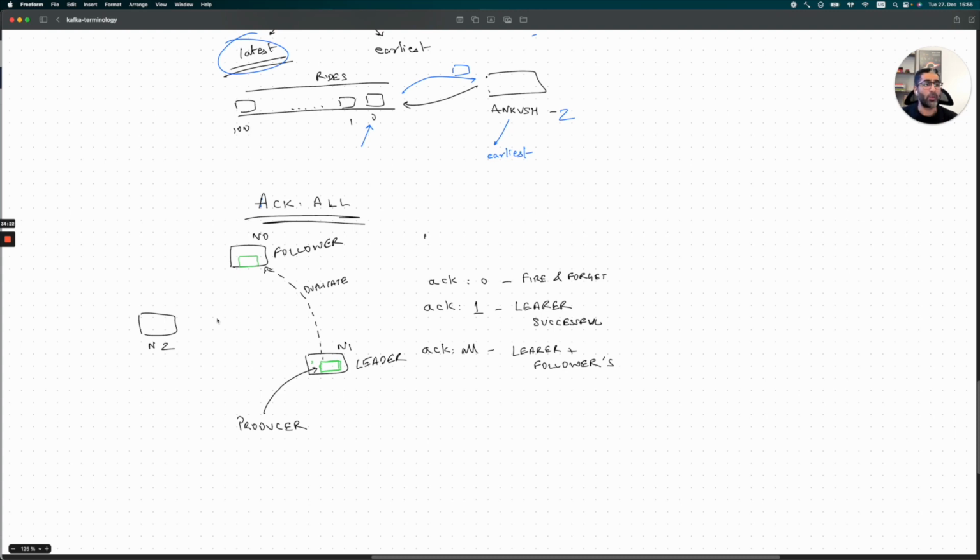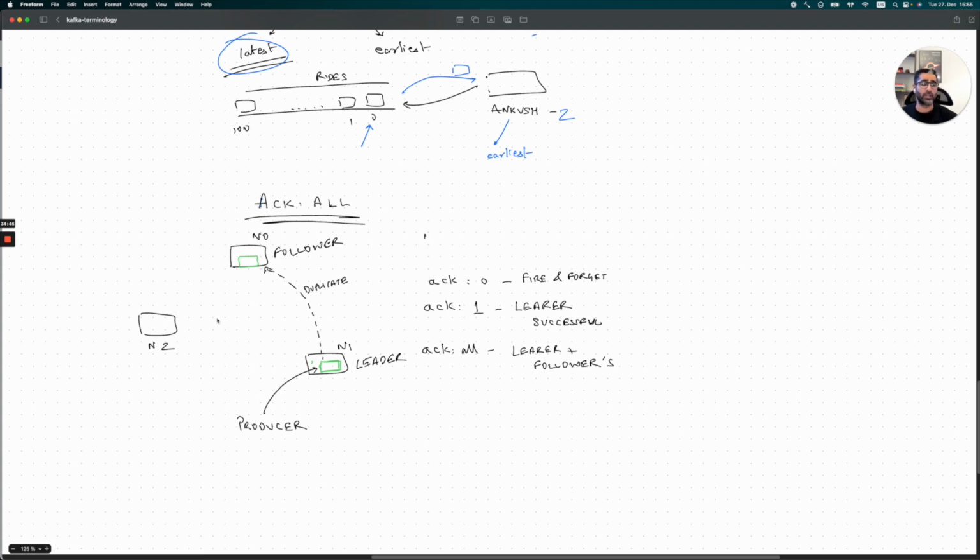It depends upon what kind of messages you are producing and what kind of behavior you want. For example, if I want to produce log messages or metrics like a count of the CPU load, or the number of threads in my machine, I would use acknowledgement 0 or 1, because honestly, I do not care if I lose a message.